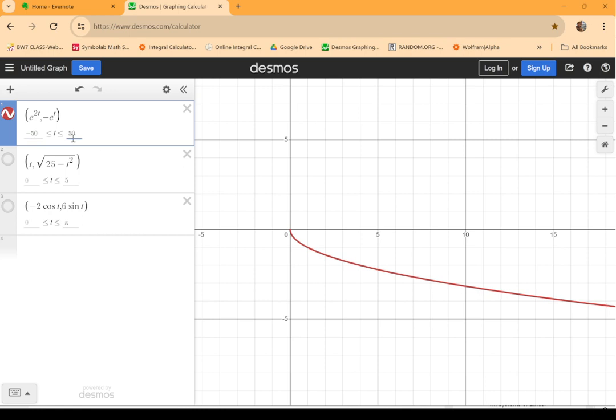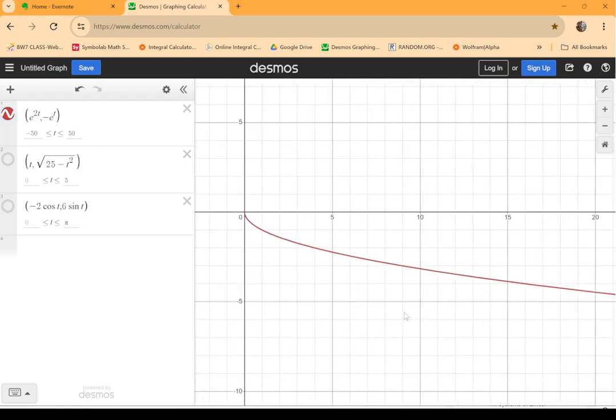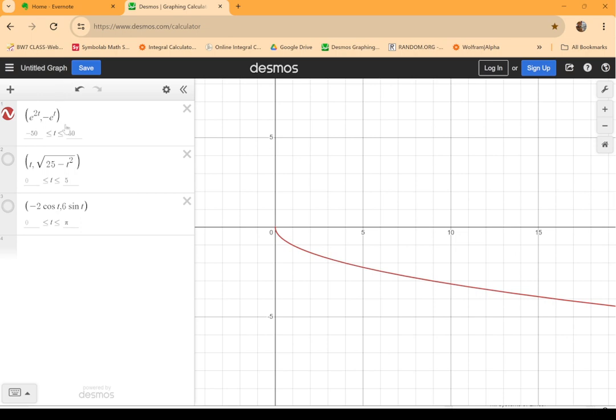So it looks like we got half of a parabola here. Now if you want to see what the orientation is, Desmos doesn't directly give it to you, but you can play around with the parameter. Let's say we go from negative 50 to 0, and we get that portion of the graph. And as t increases, let's say to 6, you can see where the graph goes as t increases. That gives me the orientation.